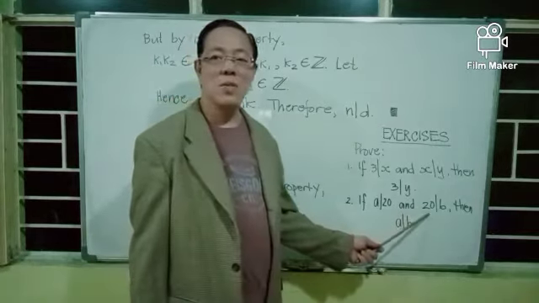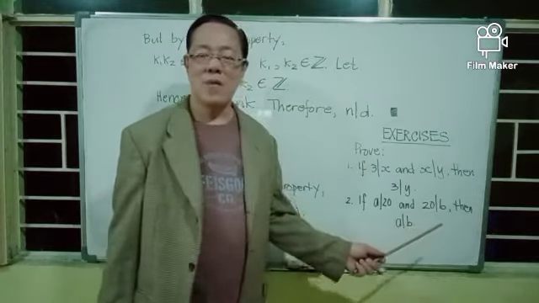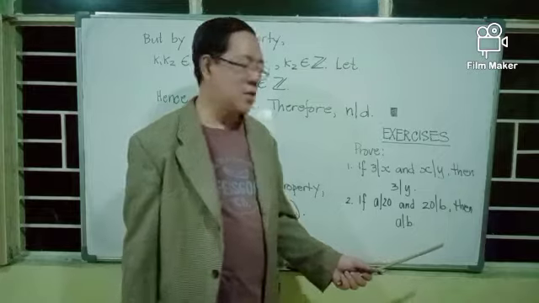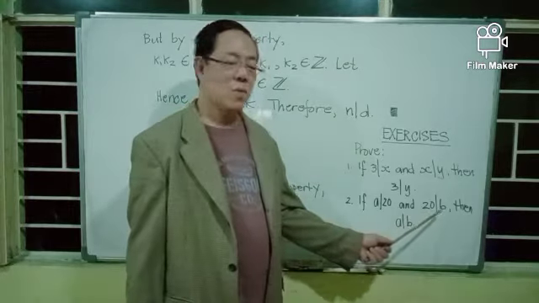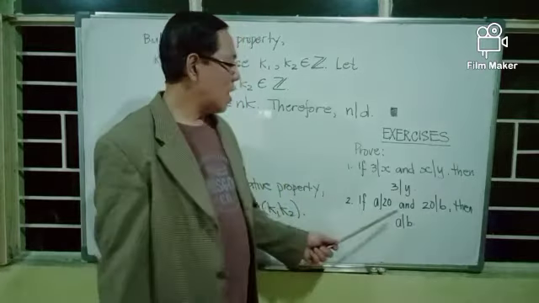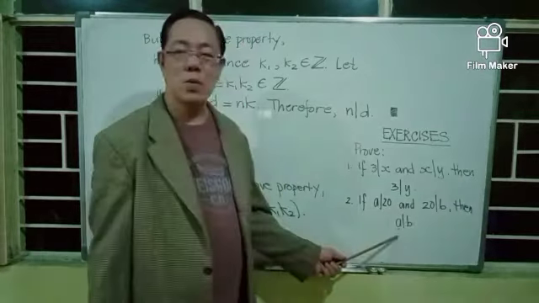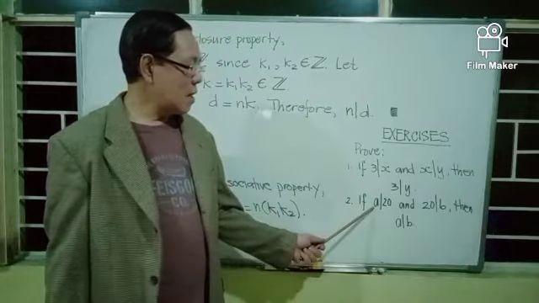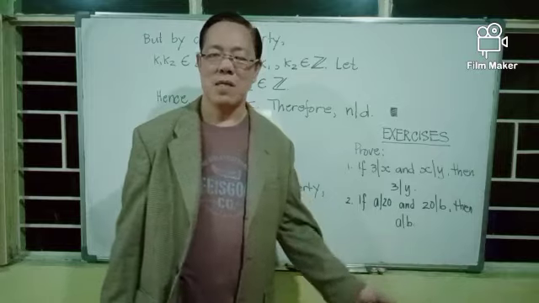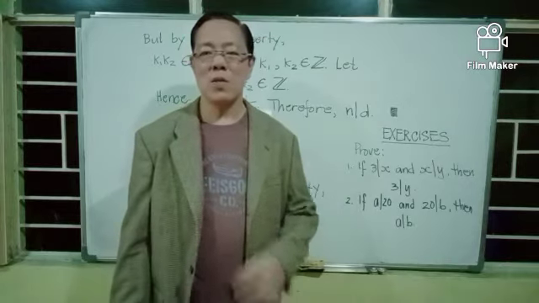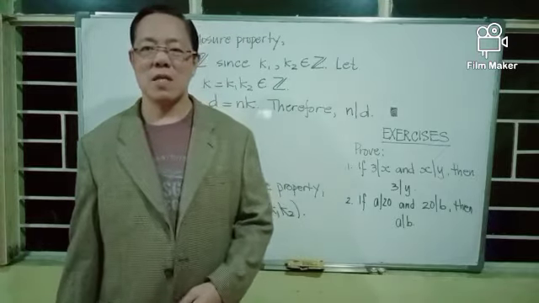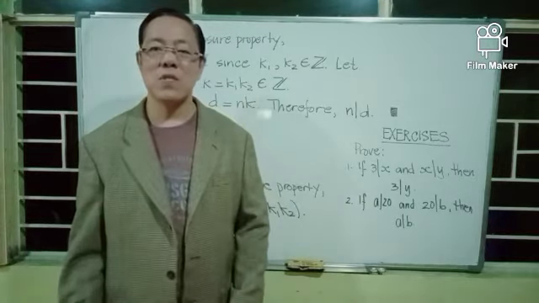The other given is 20 divides B. By definition of divisibility, there exists an integer such that the number B is equal to the divisor 20 times that integer. And you make use of these two givens to prove that the integer A also divides the integer B. We will continue with elementary divisibility properties in the next lesson and with their proofs.